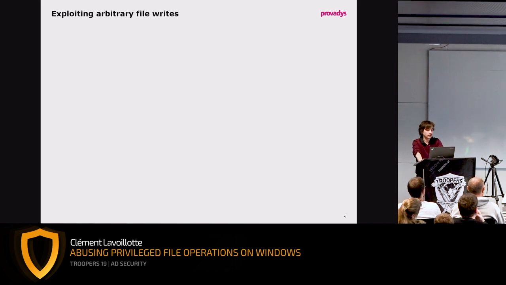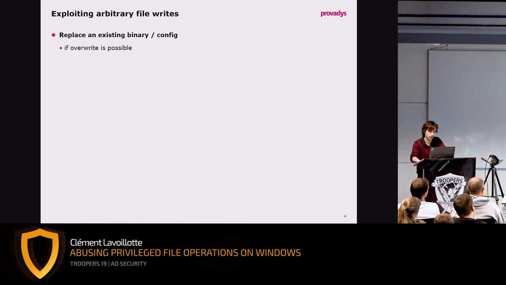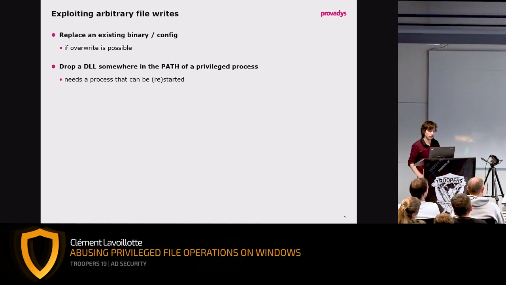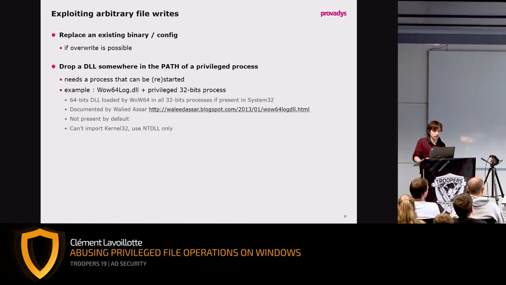And to exploit arbitrary file write bugs, we can, of course, replace the existing binary or config file if we can overwrite them, or do a basic DLL hijack and drop a DLL if, of course, we can restart the process. One example is the wow64log.dll.